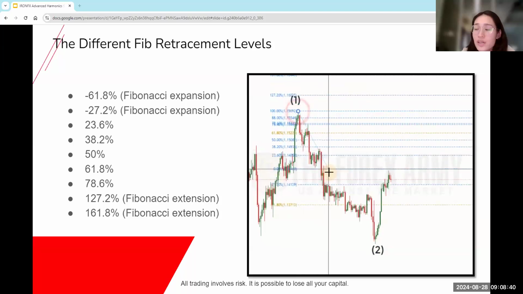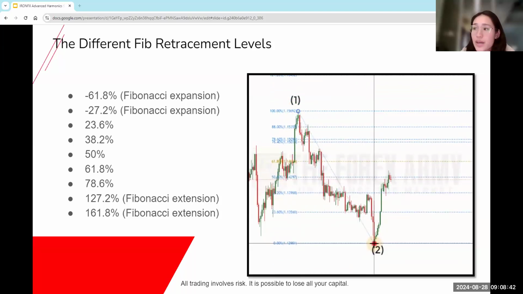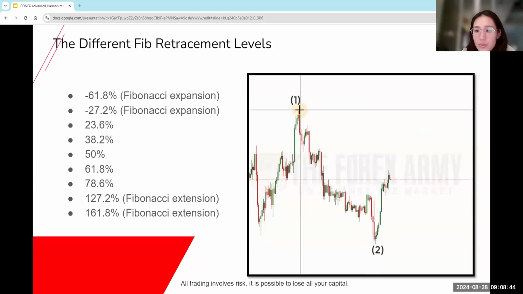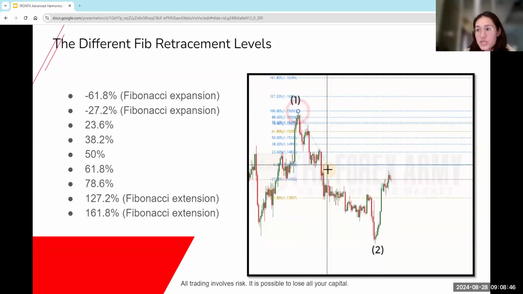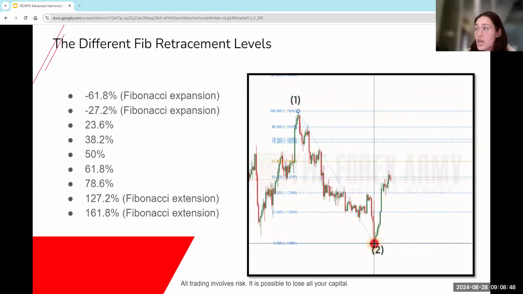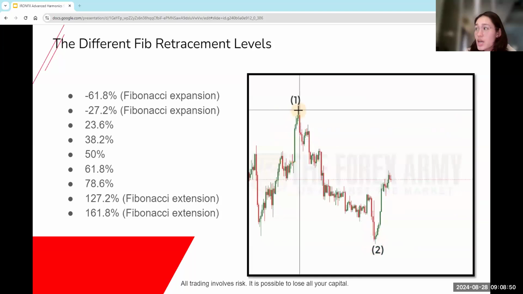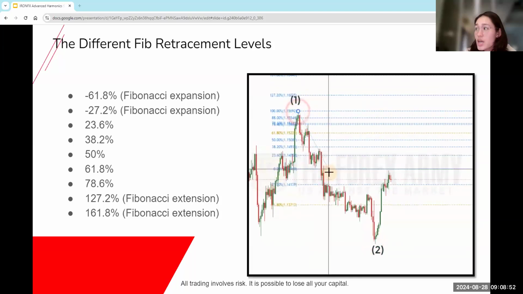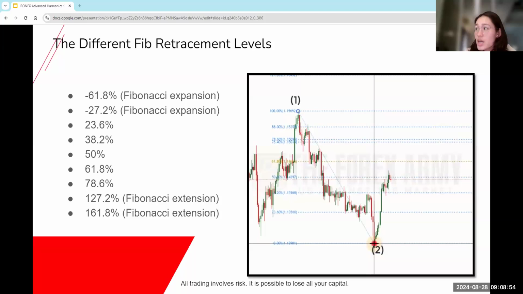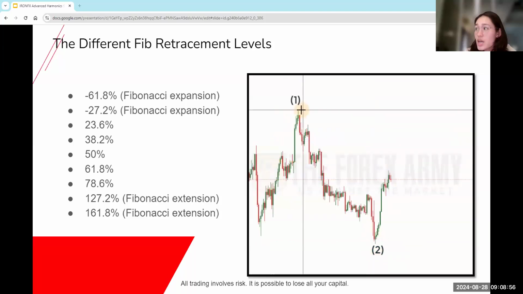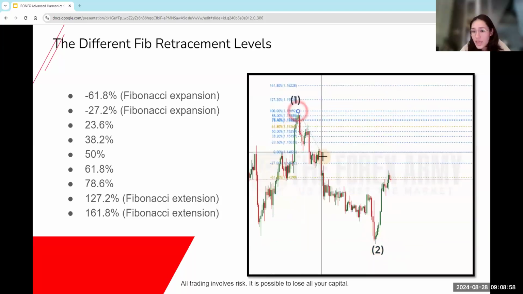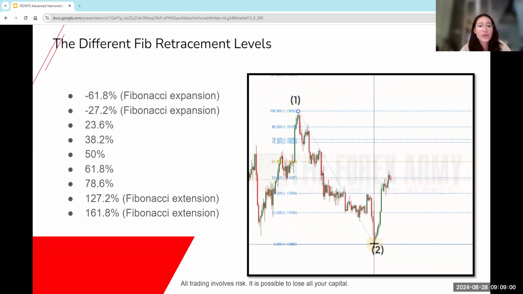Next, we have the mid-range Fibonacci retracement levels, and those are from the 23.6 to 78.6. And then lastly, we have the levels that are greater than 100%, which would be our extension levels, and those are the 127 and the 161.8.